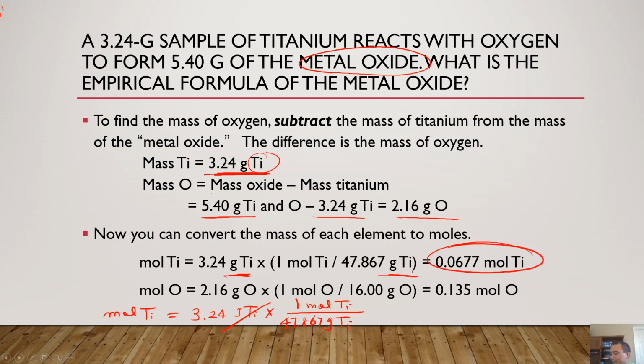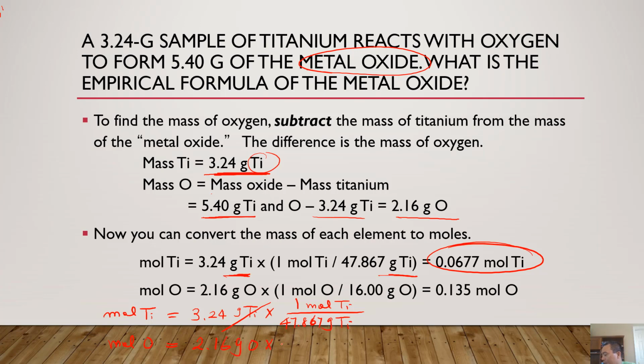Similarly, for the second step, I'm going to rewrite it. Mole of oxygen, okay, when you try to calculate mole of oxygen, how do you convert grams to mole? You have 2.16. That's what we just did. So 2.16 grams of oxygen.